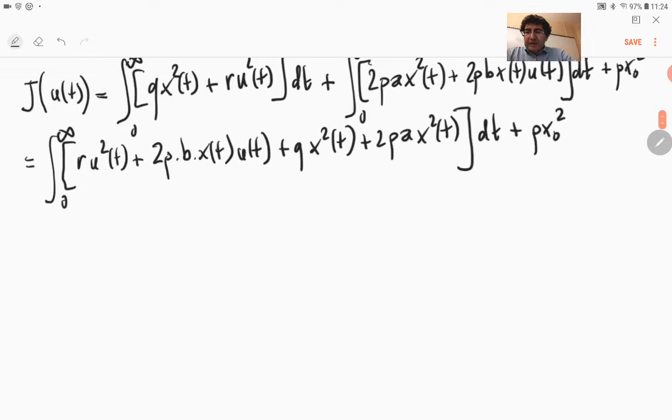So let us continue with this regrouping. Our aim here is to put the cost function in such a form that it's fairly obvious what the minimum value should be and when we can achieve it.